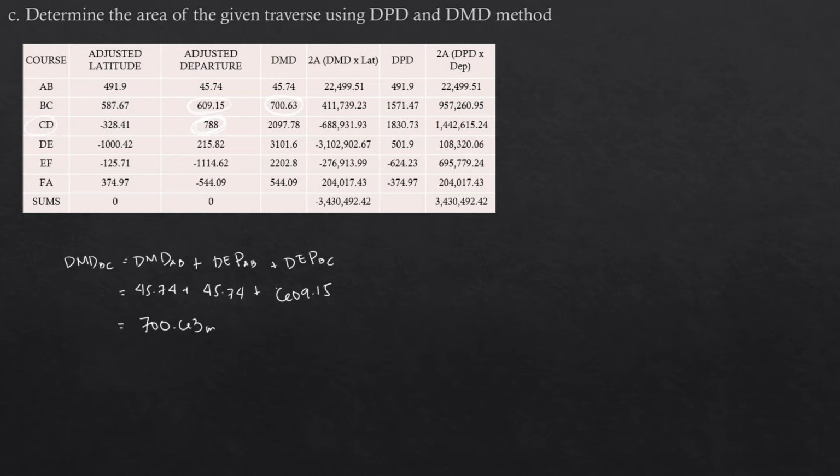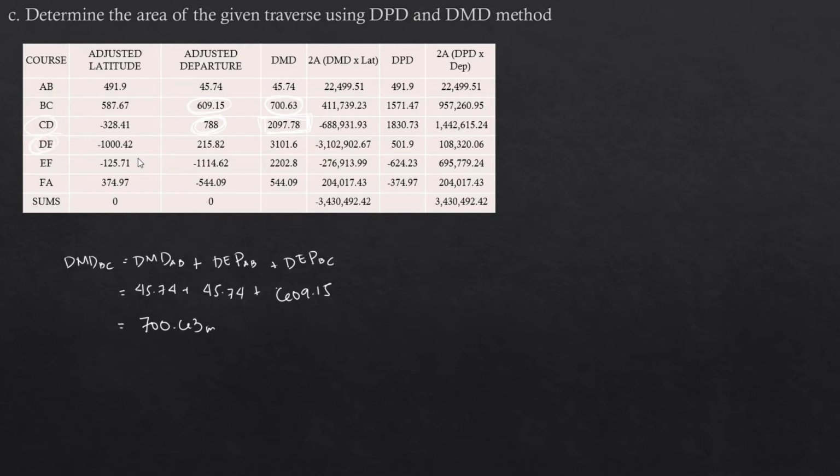So, ilan ang kakalabasan? Ito dapat, 2,097.78. So, compute nyo. Pag-add nyo tong tatlong to. Okay, so tama. Ito ang kinalabasan, 2,097.78. Next, sa DE.